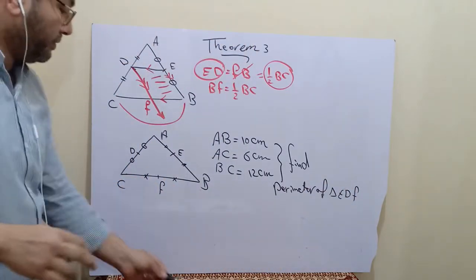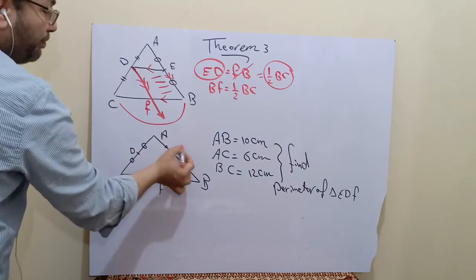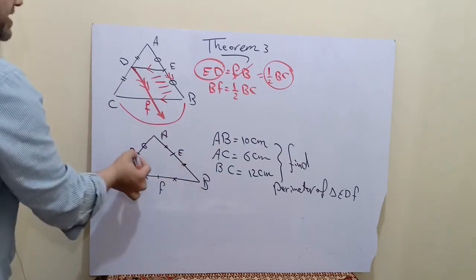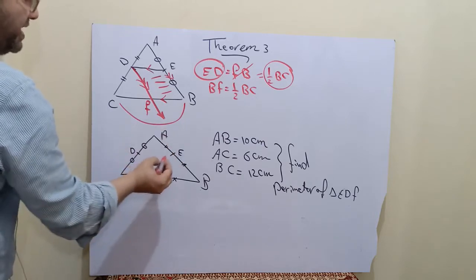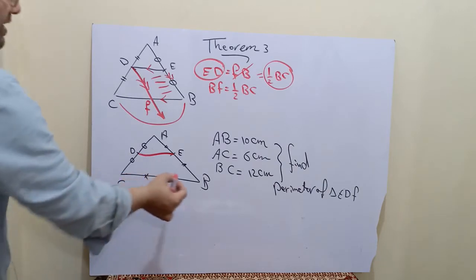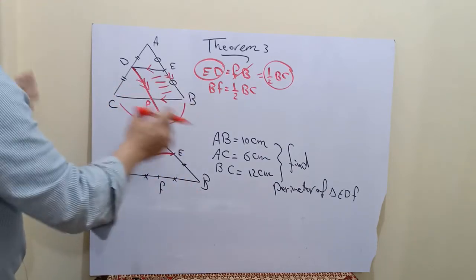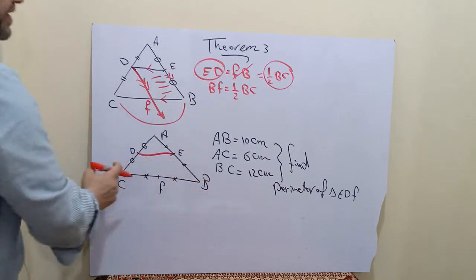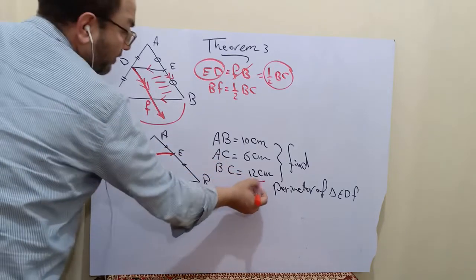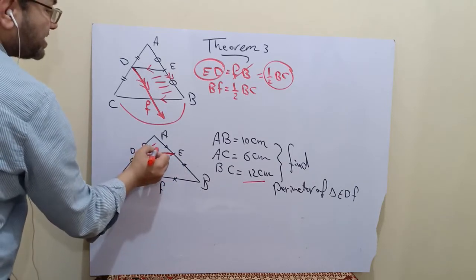Okay. Since E is a midpoint of AB, D is a midpoint of AC, then ED parallel to BC and equal half length, then ED equal half BC. But BC equal 12 centimeter, then ED equal 6 centimeter.